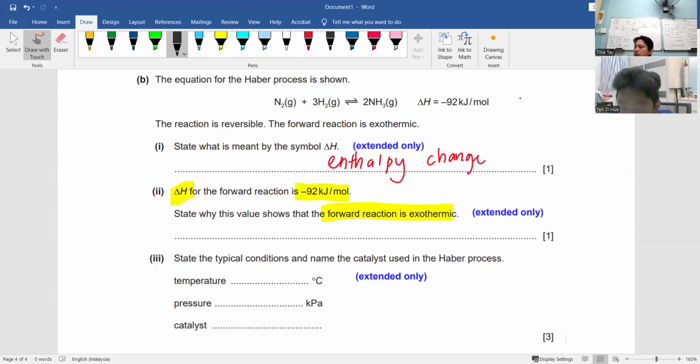Zihua, endo or exothermic? Okay. What is the temperature for the Haber process I just taught you? No, no, what is the temperature?